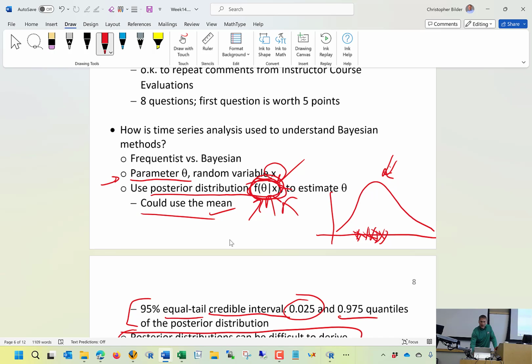My hope is the chain has visited all parts of the distribution in an appropriate manner. If that has happened, my chain has converged. But if I had something like this, where parts of the distribution were not being visited by the chain, then the chain has not converged, and that wouldn't be a good representation of my posterior distribution.